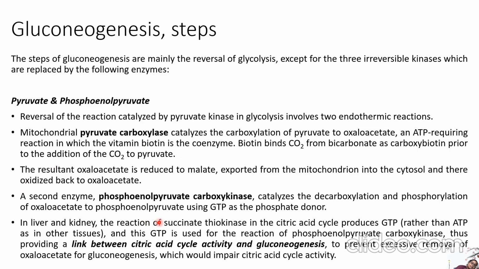In liver and kidney, the reaction of succinate thiokinase in the citric acid cycle produces GTP rather than ATP as in other tissues. This GTP is used for the reaction of phosphoenolpyruvate carboxykinase. Thus, it provides a link between citric acid cycle activity and gluconeogenesis, to prevent excessive removal of oxaloacetate for gluconeogenesis, which would impair citric acid cycle activity.